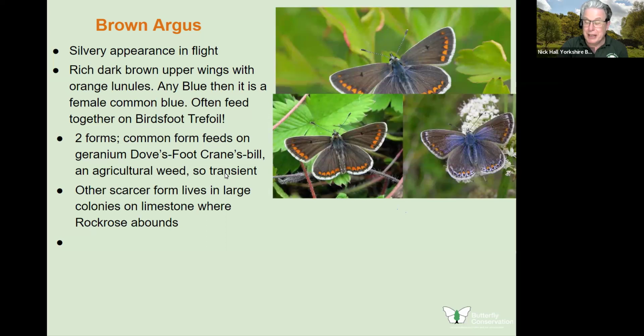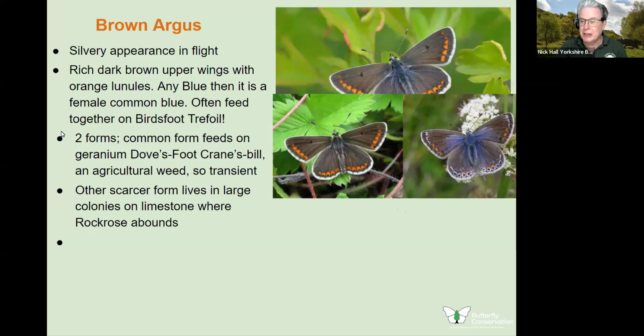They're almost impossible to tell apart from the food plant. And the reason they've become very common is dove's foot cranesbill is an agricultural weed, and it grows in that little strip at the edge of fields, which gets sprayed but then is left bare soil, the perfect place for the cranesbill to get a hold.